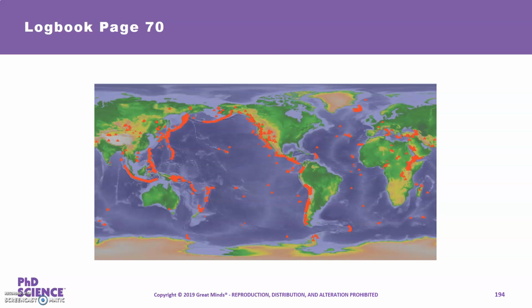Those red dots or triangles on the map show volcanoes. Do you notice that the volcanic activity where those red dots are is very similar to the places where there was very heavy earthquake activity?